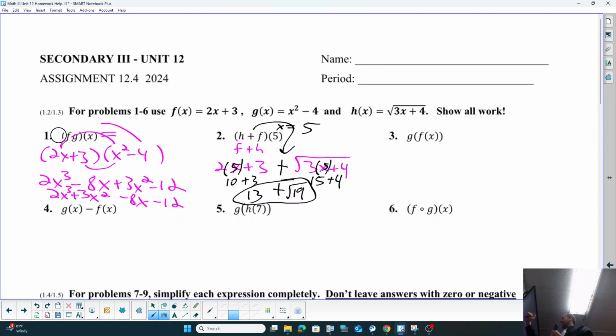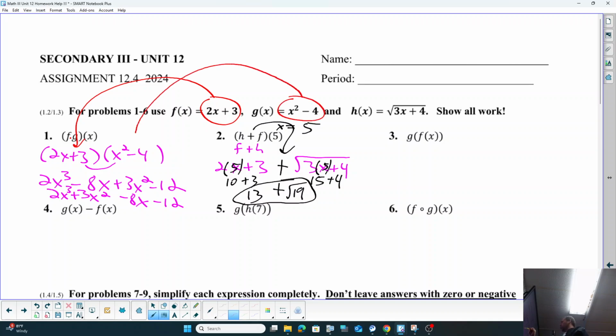So basically when you see fg, that actually means f times g. There's a little tiny dot there. So f times g is what they want you to do. Here's f right there, and then x squared minus 4, there's g. Times means you're going to distribute.